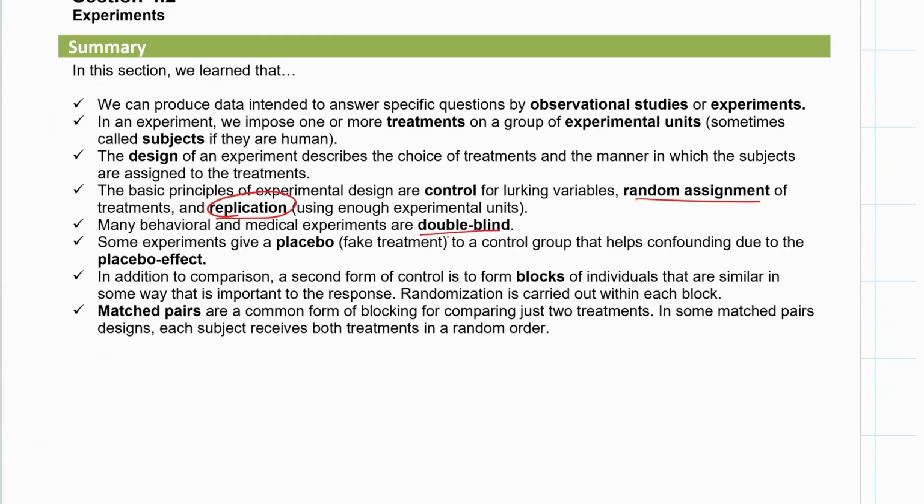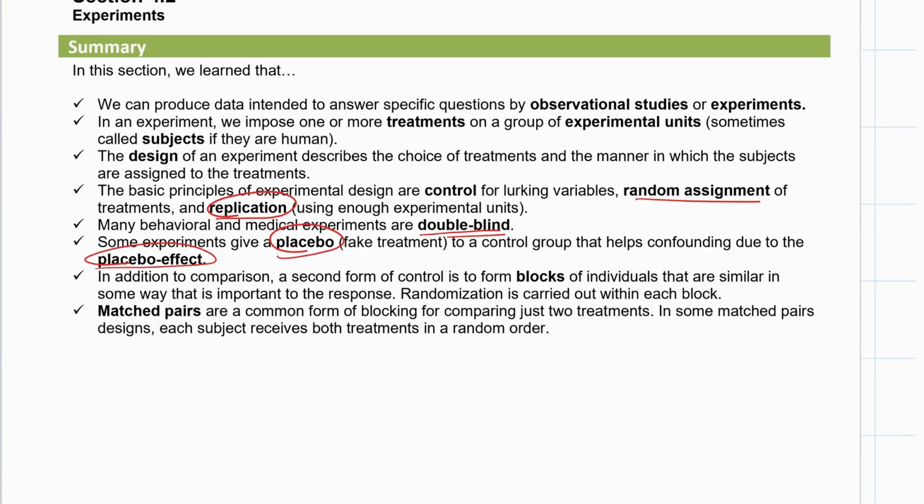That behavioral issues may lead us to want to have double blind, where the subject and those they interact with don't know which of the two treatments are given. We want to make sure that we sometimes have placebos, a fake treatment, to deal with the placebo effect.